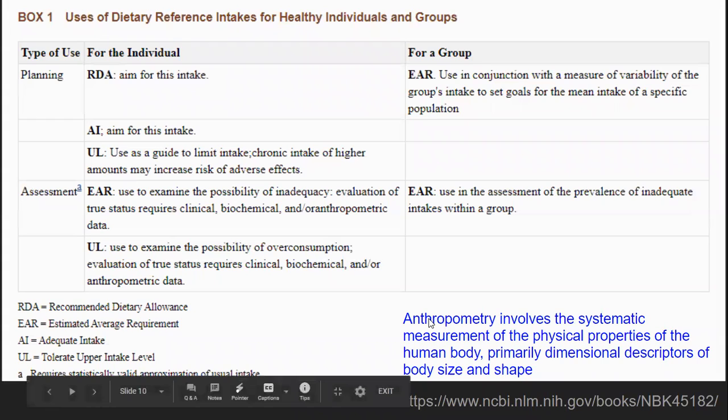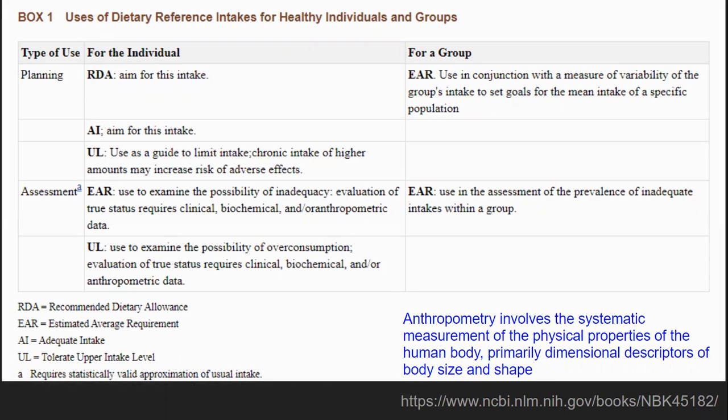So that's anthropometry. It's a measurement of your physical properties and primary dimensional descriptions of body size and shape. Like if you have a physical rash or if the person is really thin, these are like the physical examinations.